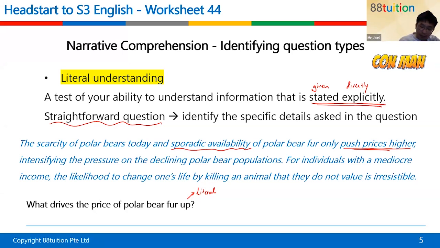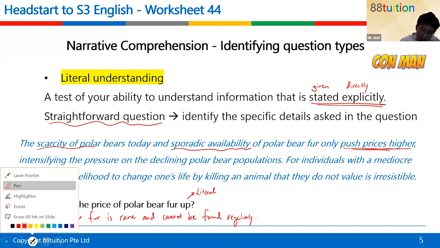So we can say, polar bear fur is rare. If you want to explain further, you can talk about the scarcity: polar bear fur is rare and cannot be found regularly.